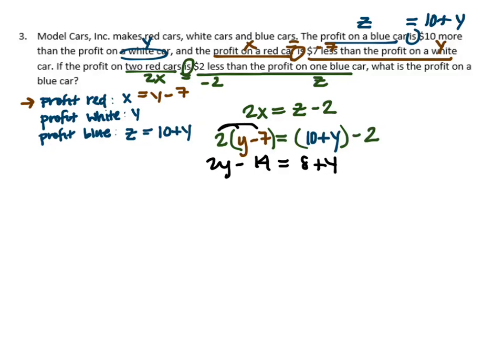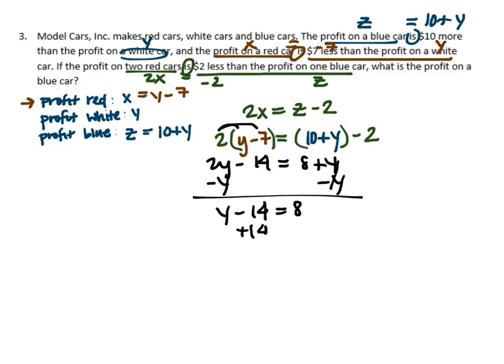I have variables on both sides, so before I do anything else, I need to move my variables from the right over to the left. So I'm going to subtract y from both sides. So I get y minus 14 is equal to 8. From here, I'm going to add 14 to both sides.